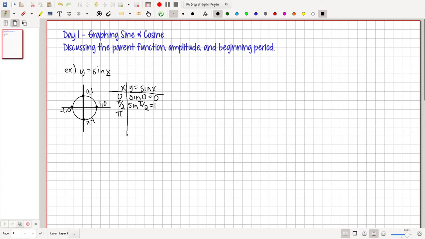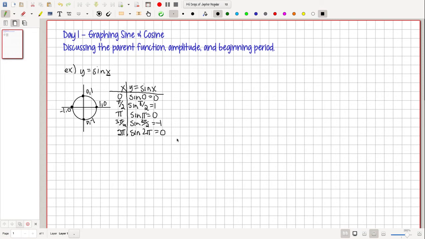Then I'm going to plug in pi. The sine of pi, we're back right here, is 0. 3 pi over 2: the sine of 3 pi over 2 is negative 1. And then we're back around. We've gone one full revolution, so 2 pi. So sine of 2 pi is 0.